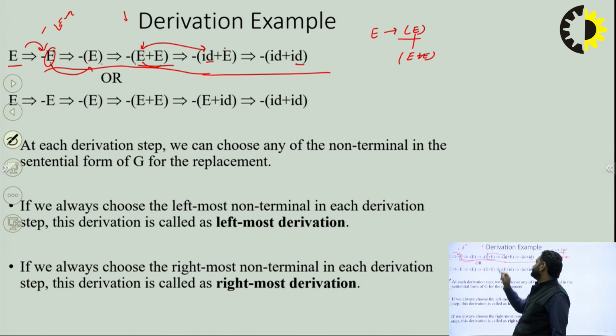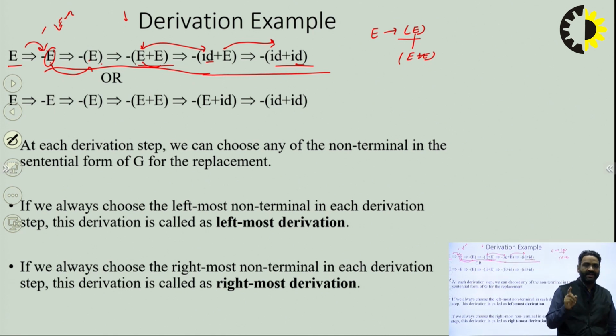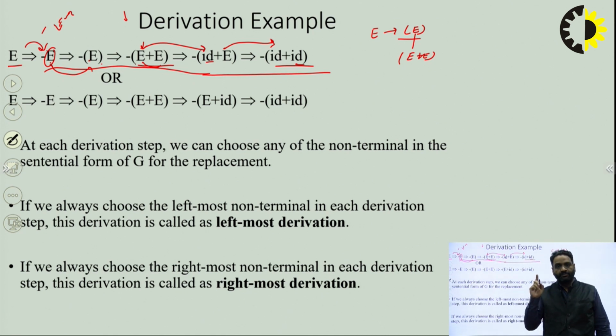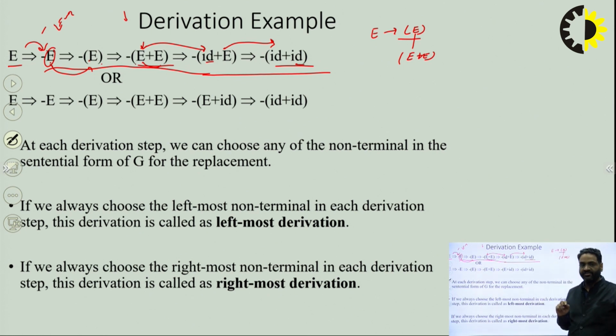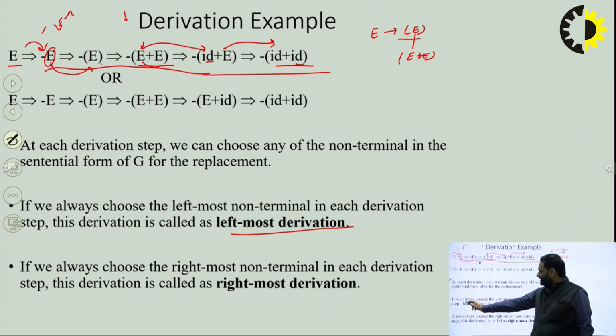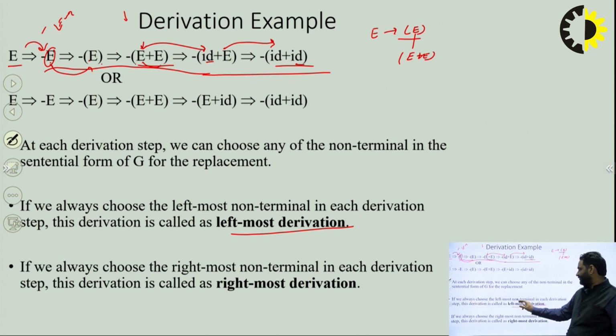So we convert the leftmost symbol to id. Again we have only one symbol and we convert it to this one. This approach, in which we choose the variable placed in the leftmost position, is known as leftmost derivation. If we always choose the leftmost non-terminal in each derivation step, this derivation is called leftmost derivation.